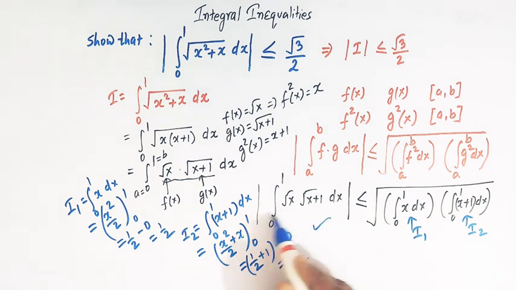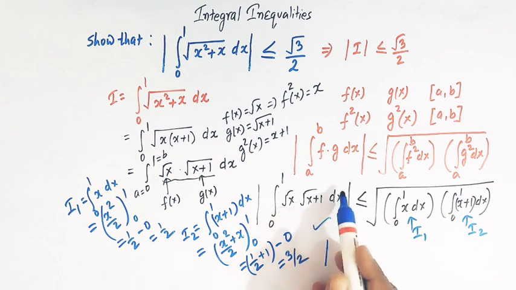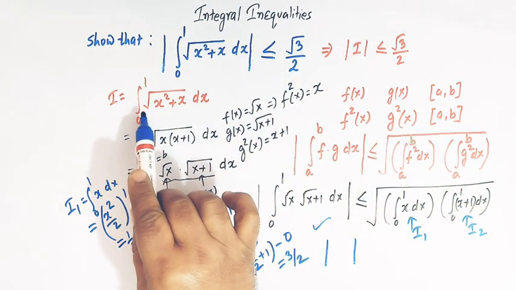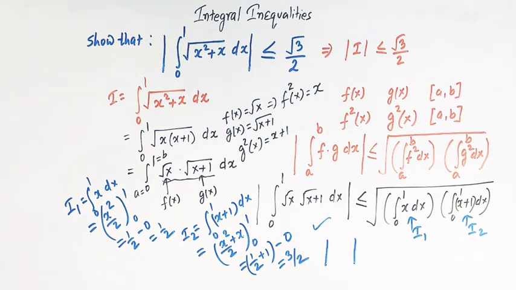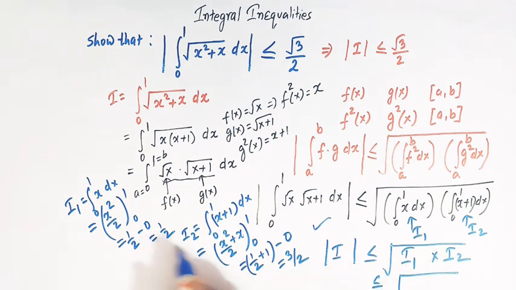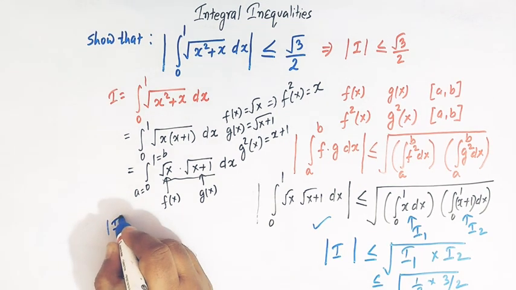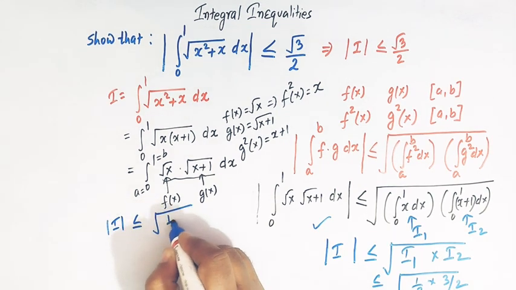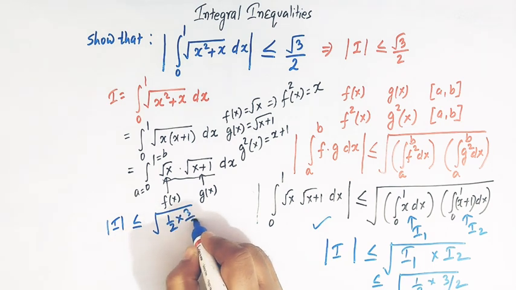Now this inequality can be rewritten as: mod of this integral, our I, is less than or equal to square root of I1 times I2, right? I1 is half and I2 is 3 over 2. So mod of I is less than or equal to square root of half multiplied by 3 over 2.